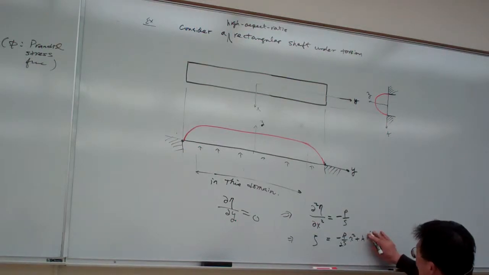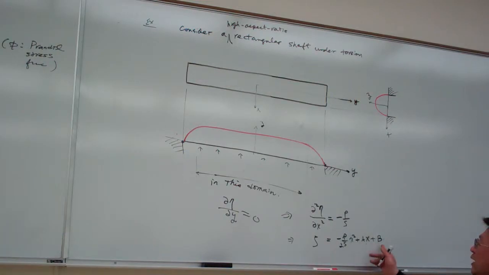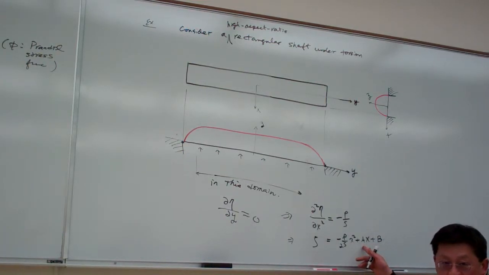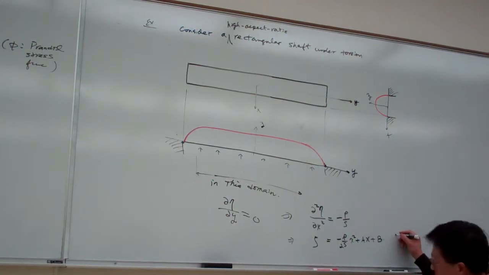You don't need to follow me because here is the result, something like this. A and B are resolved by appropriate boundary conditions, right? So the boundary conditions are this.